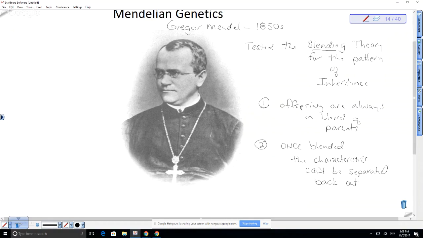So this doesn't explain how variation is maintained from one generation to the next, okay?